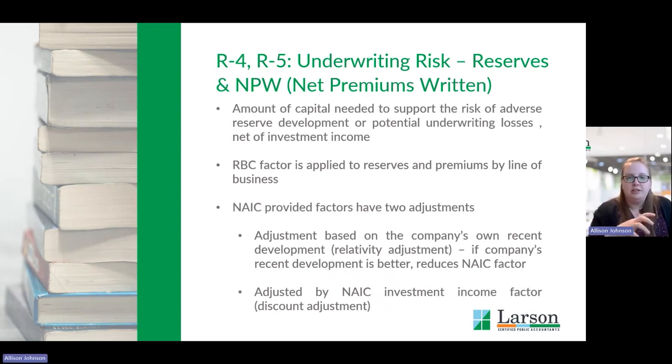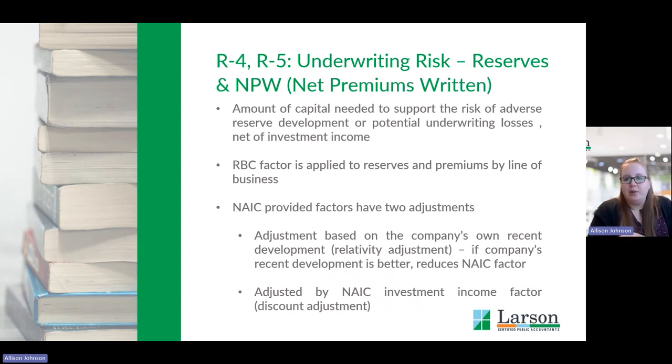Note that we'll take those factors, but there are some adjustments to consider. The first is the adjustment based on the individual company's recent history, which they call a relativity adjustment. It could be that as of late your losses are running really well and you're not having that kind of adverse experience. This provides an opportunity to adjust that NAIC factor.